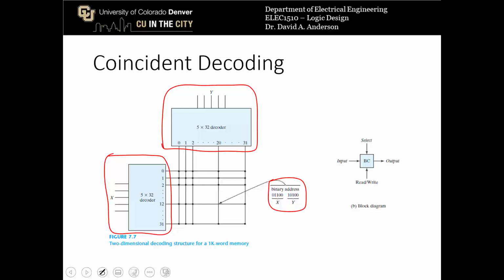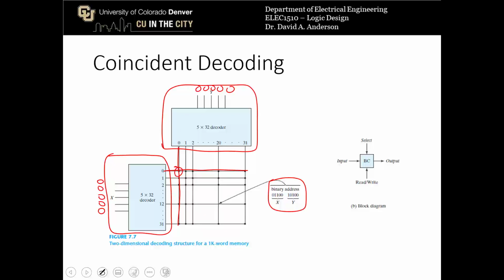And so what happens now is, let's say I input all 0, 0, 0, 0, 0 into the X decoder. That means that this whole row is selected. And then let's say I input 0, 0, 0, 0, 0 into the Y decoder, selecting this column. Well, at the point that those cross, that is the memory word that I'm going to be selecting.